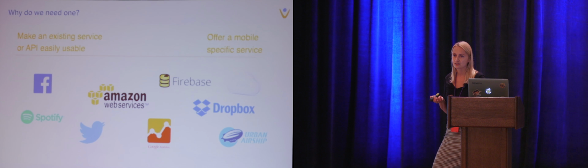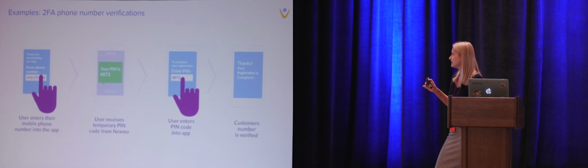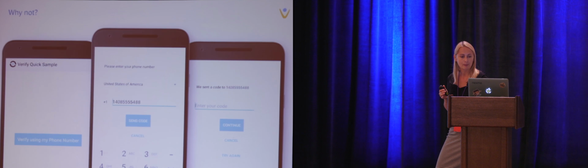Another example is one of the SDKs we were building. It's called Verify. It does 2FA mobile authentication. So from a developer point of view, you will only need to input the phone number of the user and then ask for a verification. And when you get the PIN code, the end user will just input that specific PIN code, and then, ta-da, you get verified.